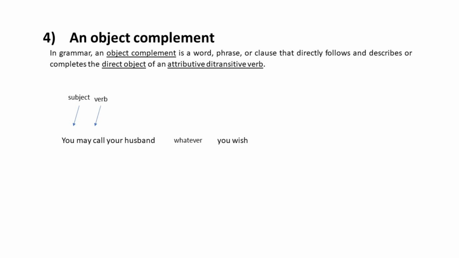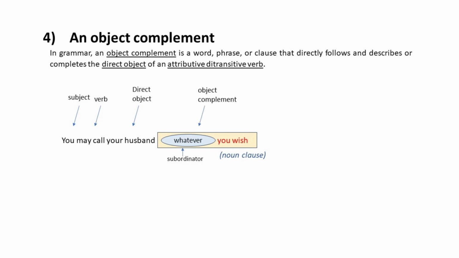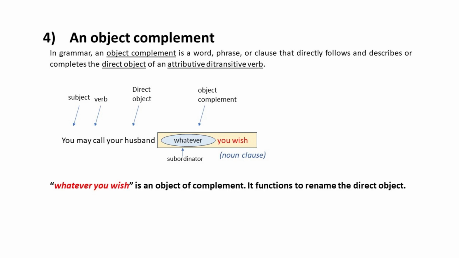Your husband is a direct object, and whatever you wish is a noun clause with whatever as subordinator, and the function is object complement. You have to remember that the function of an object complement is to rename the direct object, your husband. So we can conclude that whatever you wish is a noun clause functioning as an object complement.